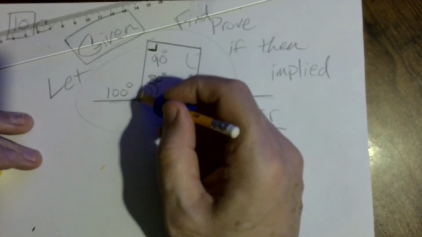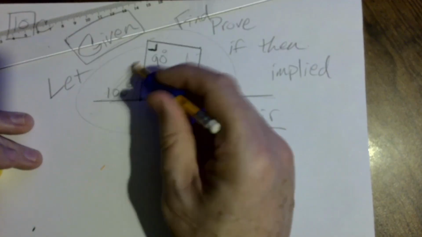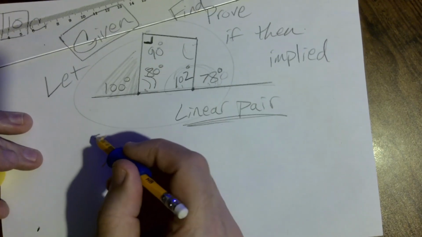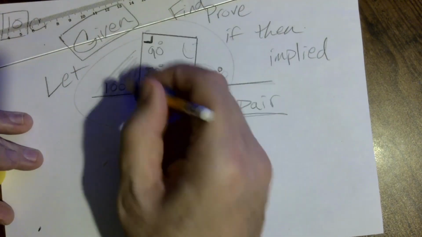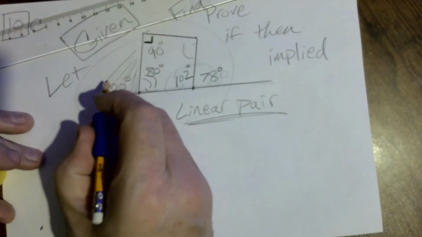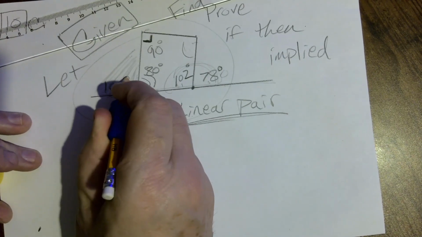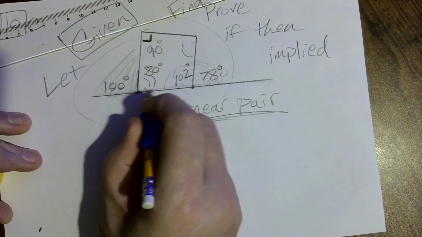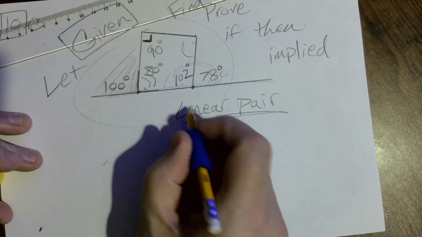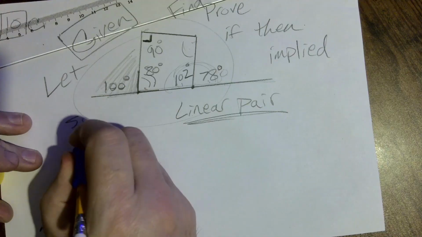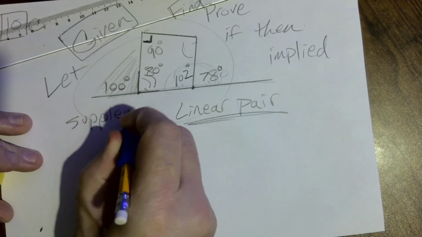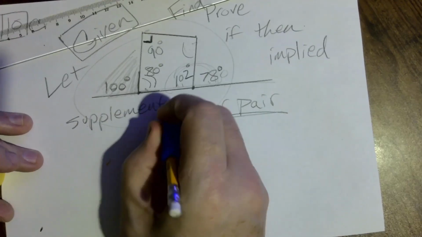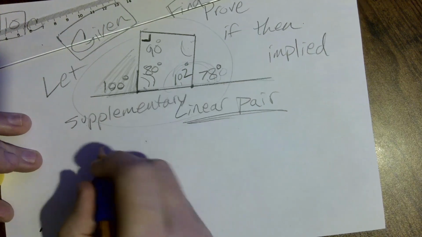This exterior angle to the tetragon is given to us as 100. You can see this is a linear pair. These are adjacent angles. They're supplementary because they're a linear pair.